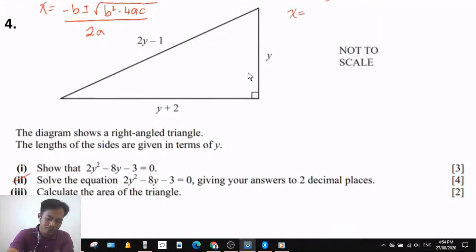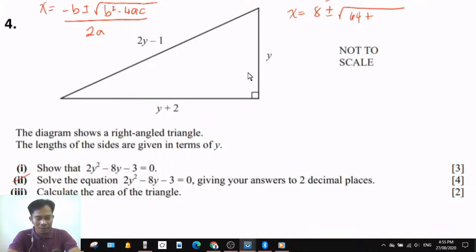x is equal now to 8 plus or minus square root of b squared, or negative 8 squared, is 64 plus, because it is 4ac. 4 times 2 is, negative 4 times 2 is negative 8.